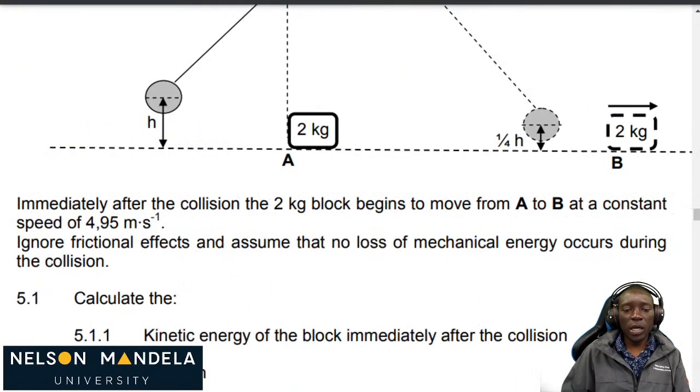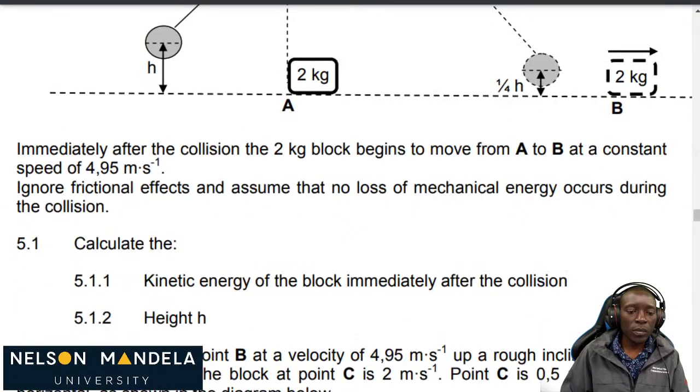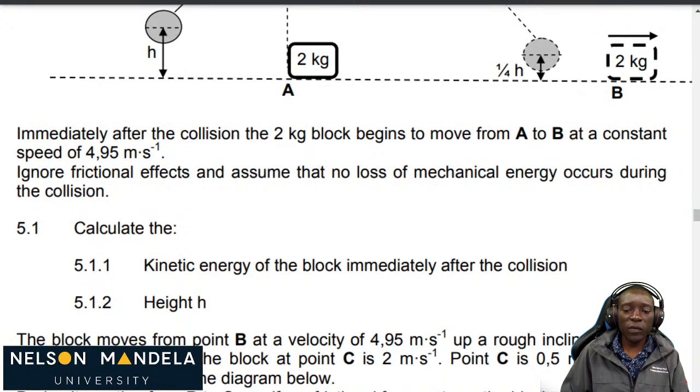Immediately after the collision, the 2 kg block begins to move from A to B at a constant speed of 4.95 meters per second. Ignore frictional effects and assume that no loss of mechanical energy occurs during the collision. So this is another isolated system. Calculate the kinetic energy of the block immediately after the collision.